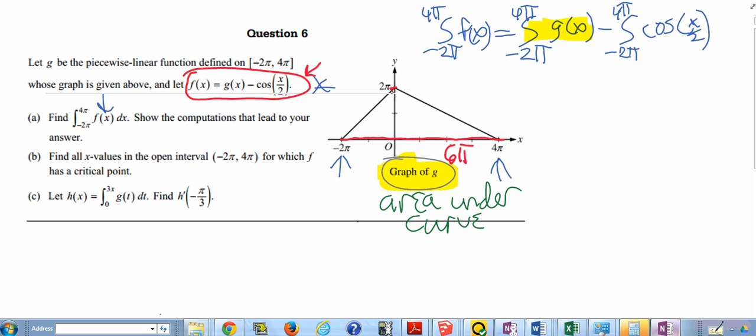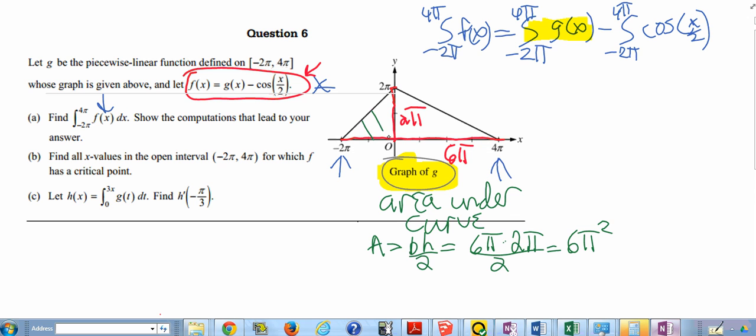And it has a height of 2 pi. And so we're just going to use the geometry formula. Area equals base times height divided by 2. So we have 6 pi times 2 pi divided by 2. That would be 12 pi squared divided by 2, or 6 pi squared. So that's going to be the area underneath my curve.